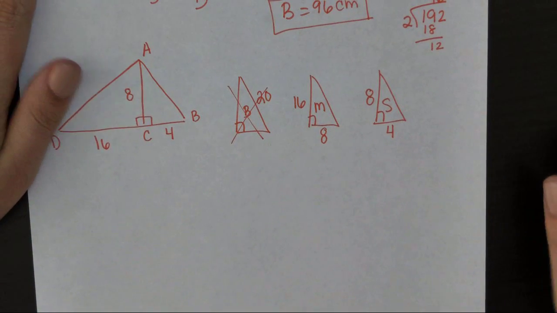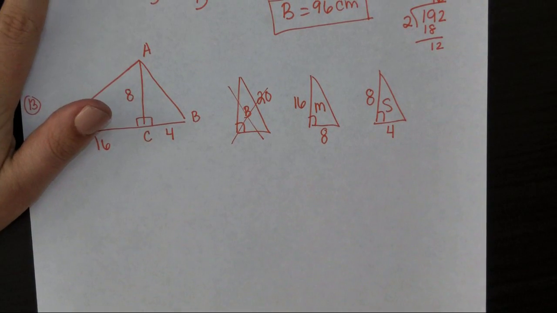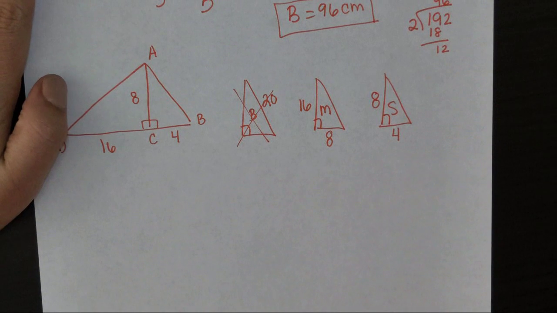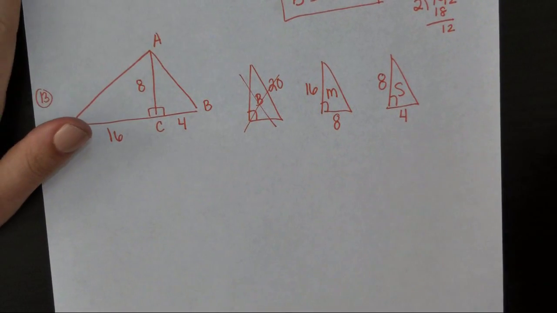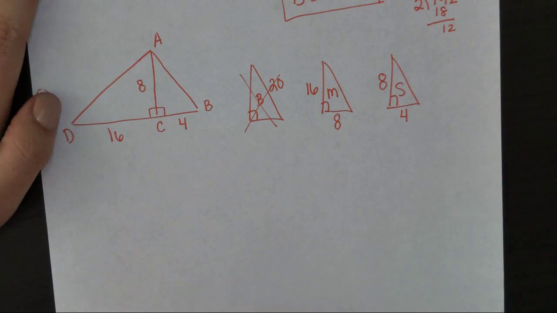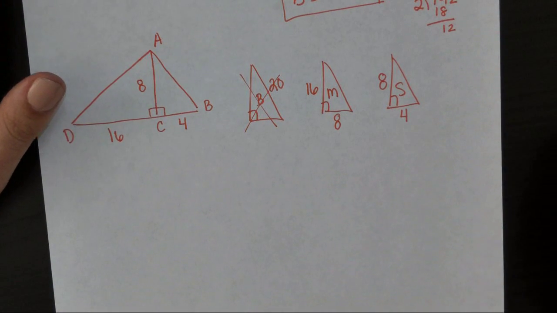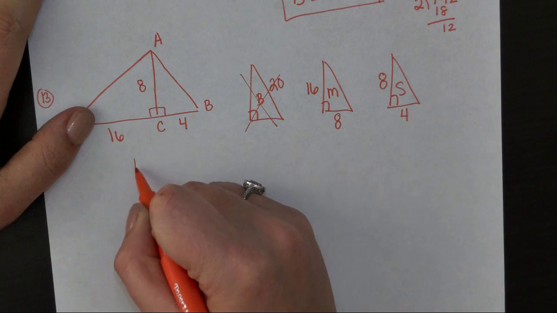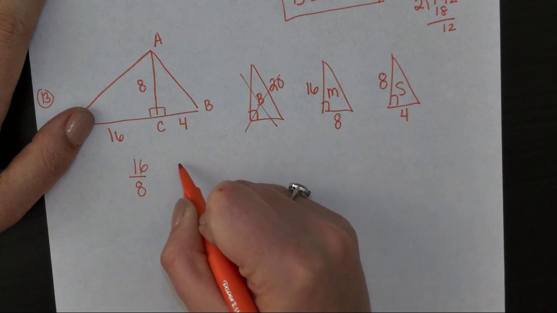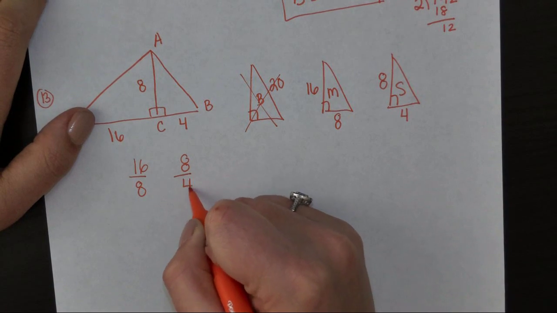So now this possibility could be side angle side. To make sure that it is in fact side angle side, we need to match our long sides and our short sides together to see if they are proportionate to each other or if their scale factor is the same. So we're going to match 16 to 8 and 8 to 4.